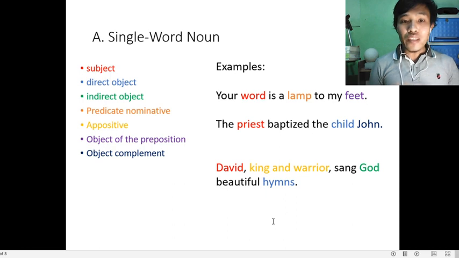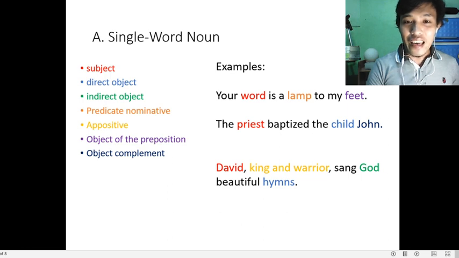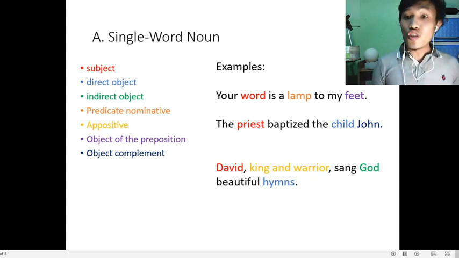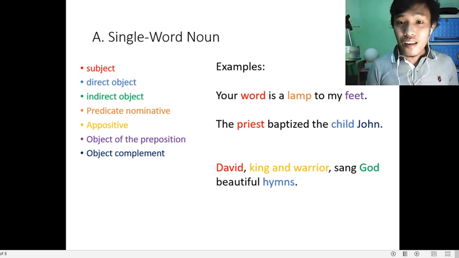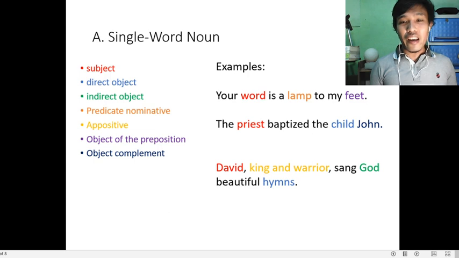Look at example sentences 2 and 3 and try to find the object complement used there. In sentence number 2, the priest baptized the child John. So where is our object complement there? It is John. Very good. What about in sentence number 3? David, king and warrior, sang God beautiful hymns.